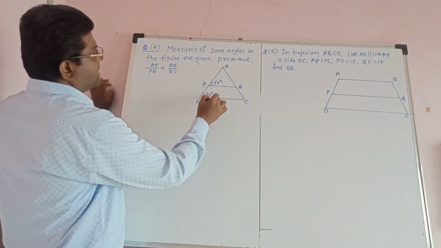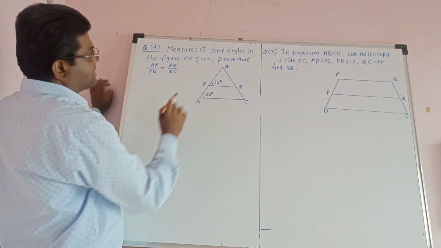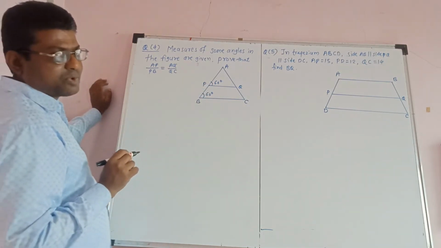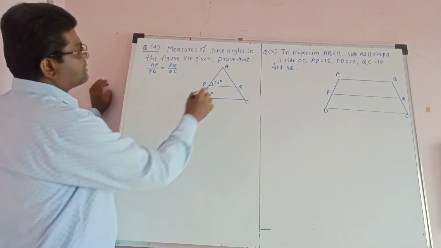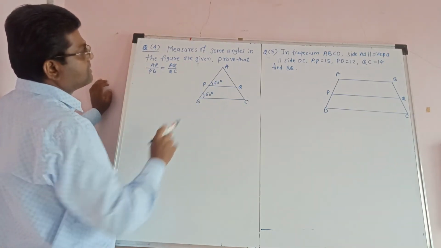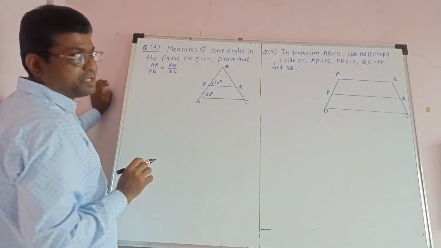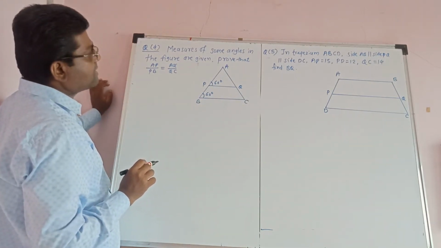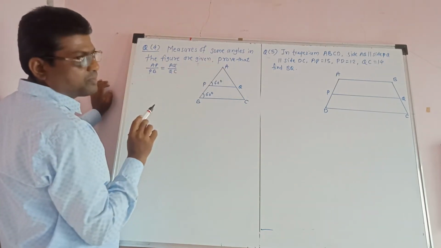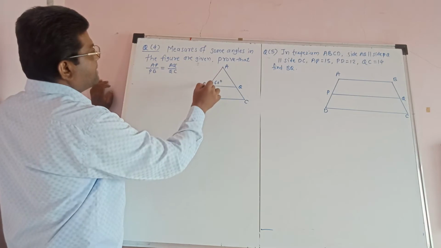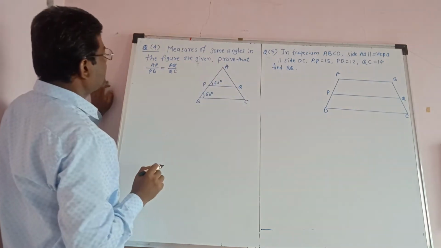Therefore these two lines are parallel lines, because these two angles are corresponding angles. Therefore according to corresponding angle test, these two lines are parallel. So in triangle ABC, PQ parallel to BC. Therefore we can write, according to basic proportionality theorem, AP upon PB is equal to AQ upon QC.